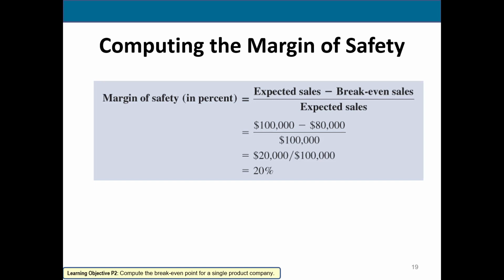If their expected sales are 100,000, the margin of safety is $20,000. As a percent, the margin of safety is 20% of expected sales.